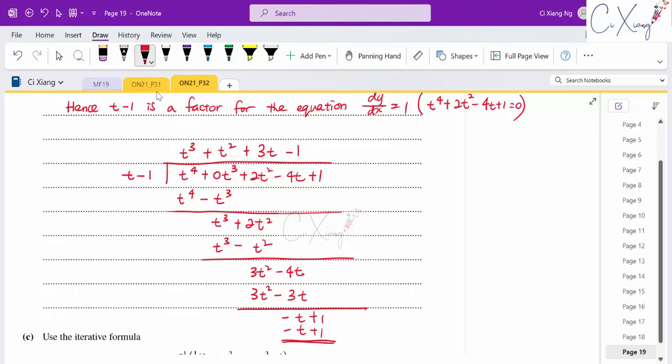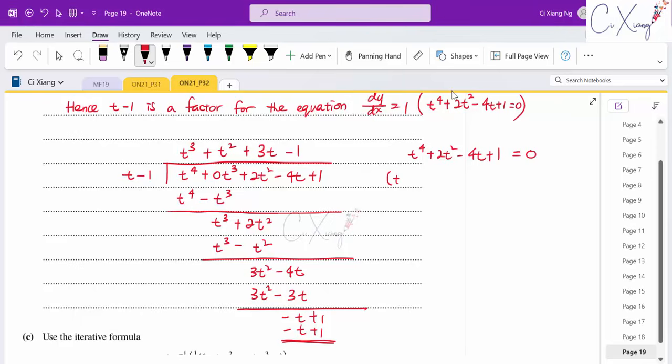Since I know that the equation dx/dy equals 1 can be denoted by this particular polynomial, t power 4 plus 2t squared minus 4t plus 1 equals 0, this polynomial can be written as the quotient multiplied with the divisor to get back the polynomial.